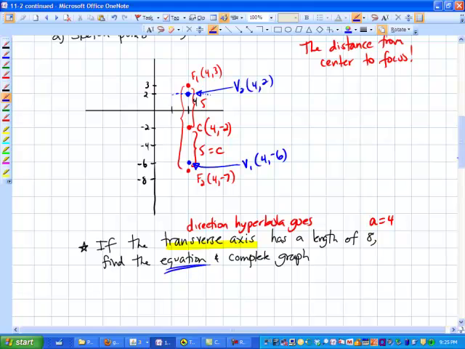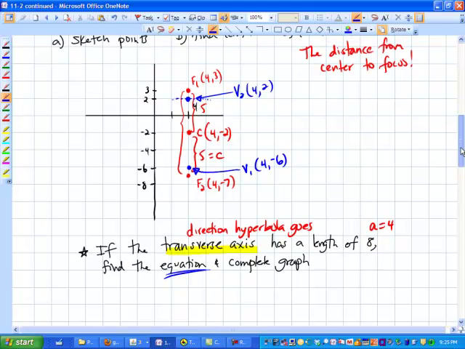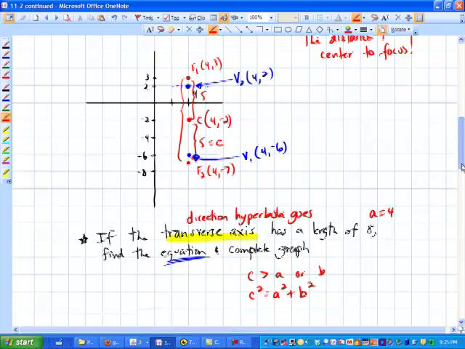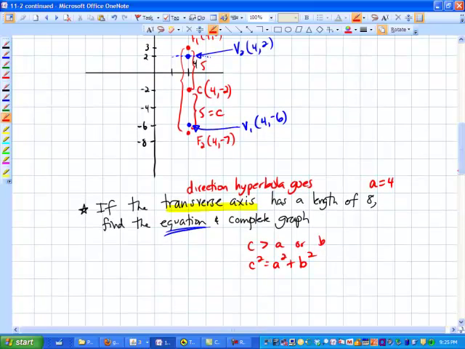So here's the thing. I know A, and I know C, and I know that in a hyperbola C has to be bigger than A or B, because the distance to the focus has to be outside that. Then I know it has to fit this description: C squared equals A squared plus B squared. So C was equal to 5, and A was 4, and B we don't know.